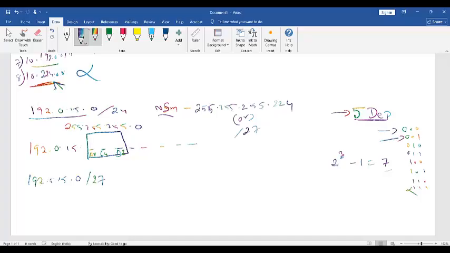Now let us go to the second department. 001, which is 192.0.15.32/27. Next, 192.0.15.64/27. Next, 192.0.15.128/27.